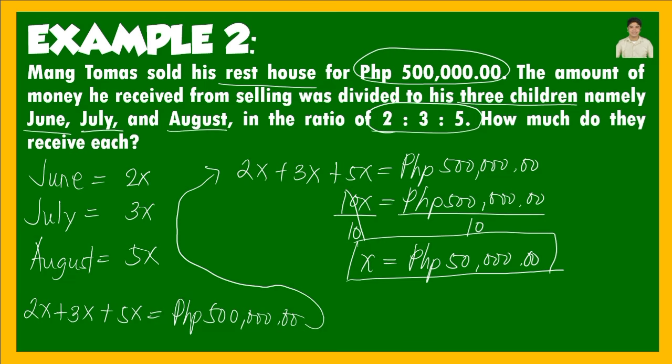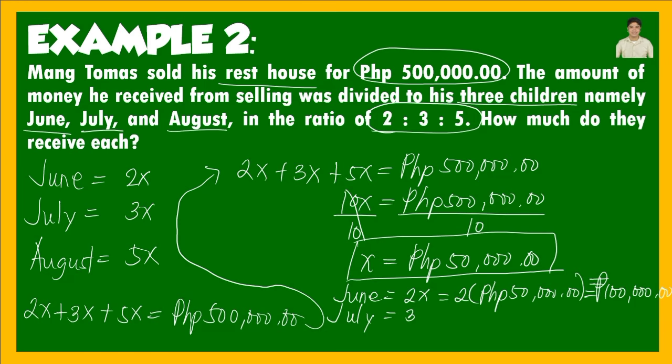Now, paano natin malalaman kung magkano ang matatanggap ni June, July, at August? So, dito tayo kay June. 2x siya, di ba? So, ibig sabihin, yung 2, i-multiply lang natin sa 50,000. And then, yung lilitaw na product is 100,000 pesos. Yun ang matatanggap po ni June. Si July naman, so 3x siya.